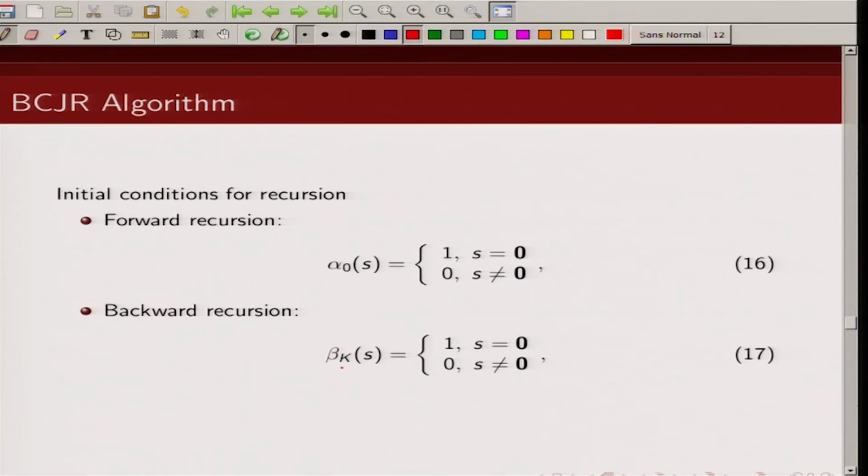Similarly, if we assume that our encoder is terminated, that means it has been brought back to the all 0 state, then at the end of the block, which is our k, beta k will be 1 for state 0 and 0 for all other states. So, these are our initial conditions for computing the forward recursion as well as the backward recursion.